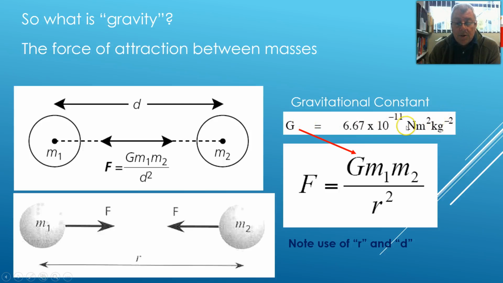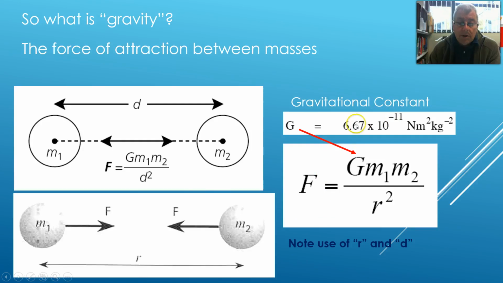The purpose of these units sometimes confuses students, like how can you have newton meters squared kilograms to the minus 2. Basically these units reflect the fact that we would use standard units in this equation. So our masses would be in kilograms, our distance would be in meters, and that would give us a force in newtons.